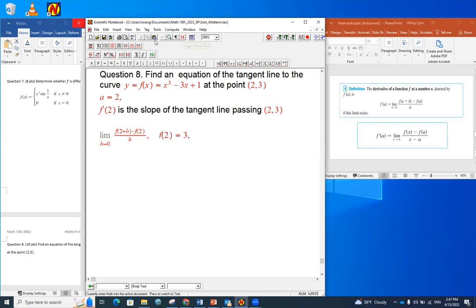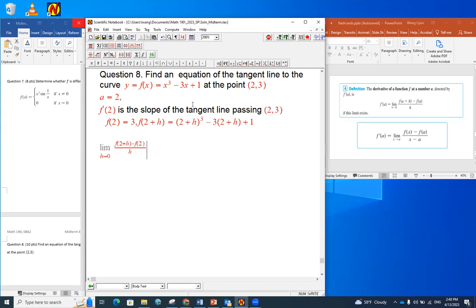So f of 2 plus h equals this piece. That's for x, so now x is replaced by 2 plus h. That's all, right? So f of 2 is 3, so I'm going to put these on the top.